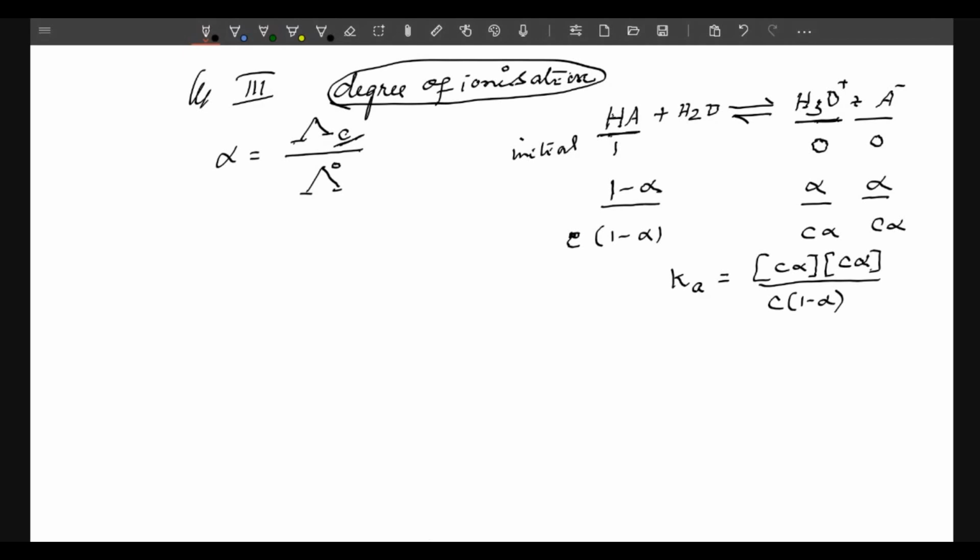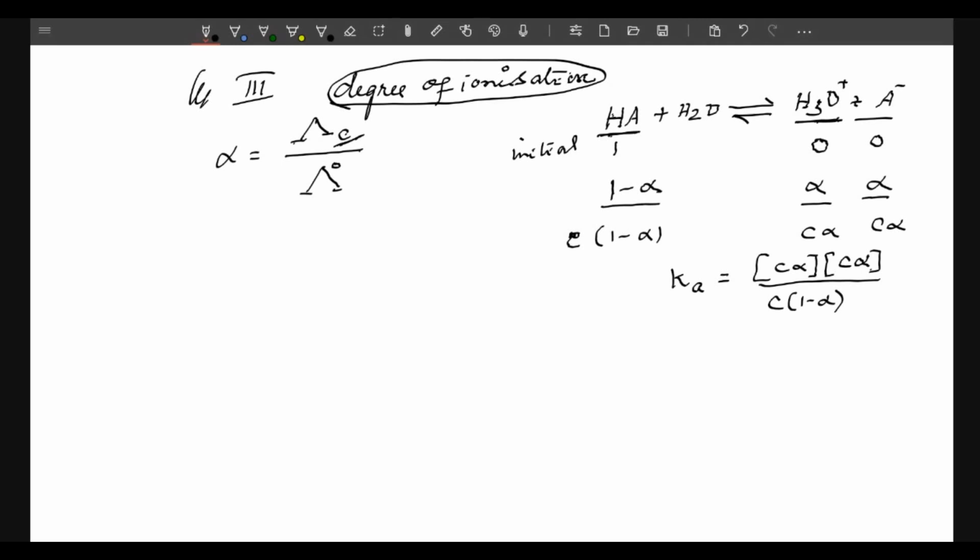Generally the equilibrium constant K is given in terms of the activity of the products divided by the activity of the reactants. Activity is equal to the activity coefficient into the concentration, the molarity or molality.